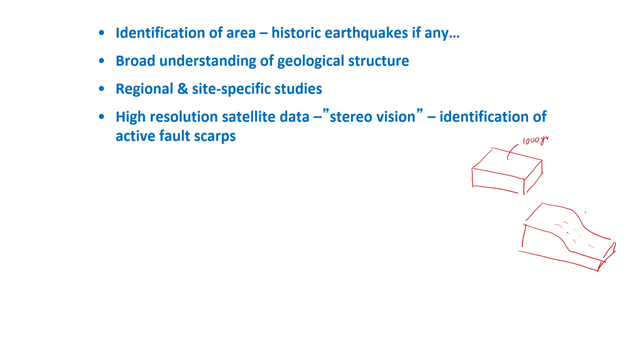But in a 2D image, this variation in elevation you will not be able to see, and this change you will not be able to make out. In a 3D image, the perception of elevation will be clearly seen. For that reason, we usually advise using stereo vision photographs or satellite data.